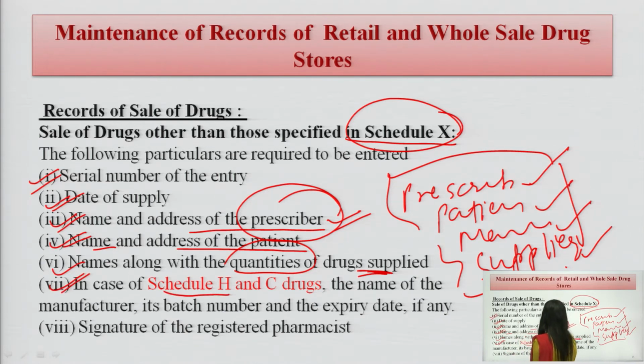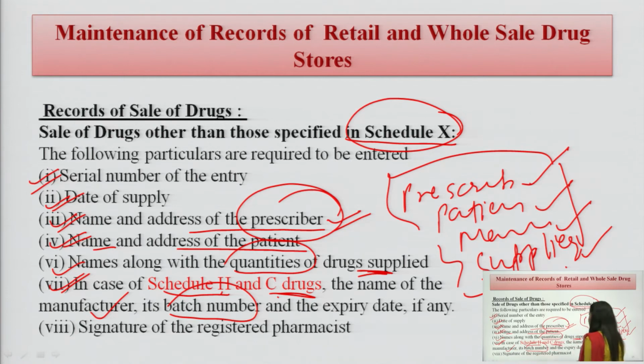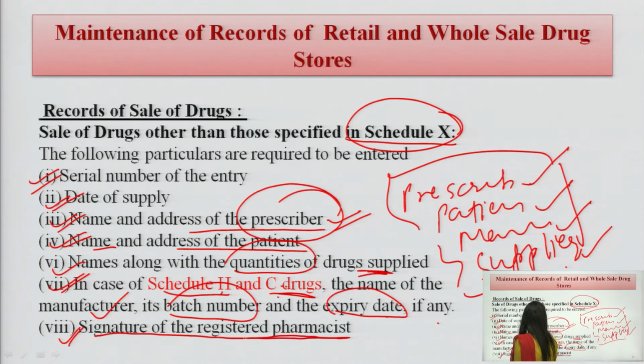In case of schedule H and C drugs, means the biologicals, if any biological drugs are given, the vaccines and sera the patient is taking, or any prescription drugs, it is important to write the batch number, it is important to write the manufacturer's name, and the expiry date. It is very important for schedule C drugs, biological drugs, if any is mentioned, and the signature of the registered pharmacist. Yes. So, we have discussed how to maintain the records.